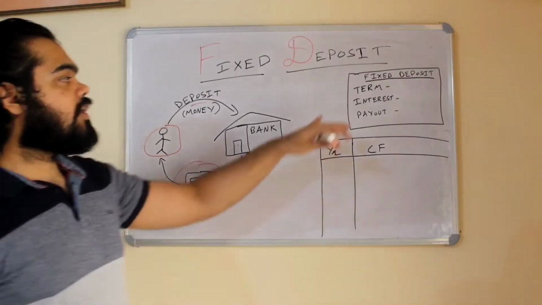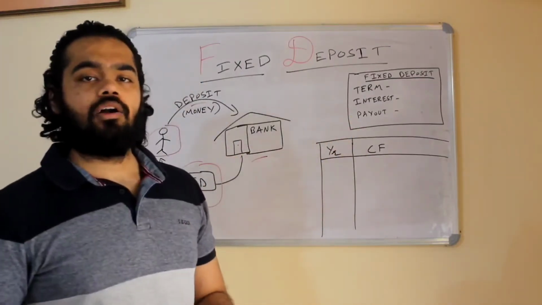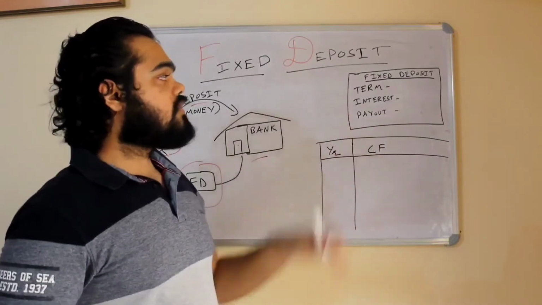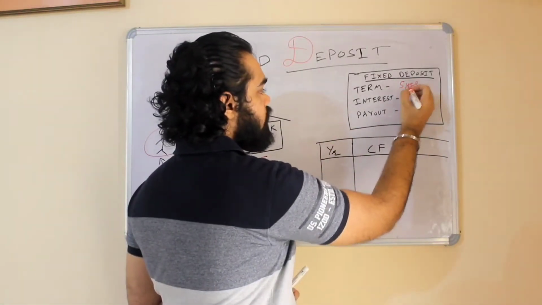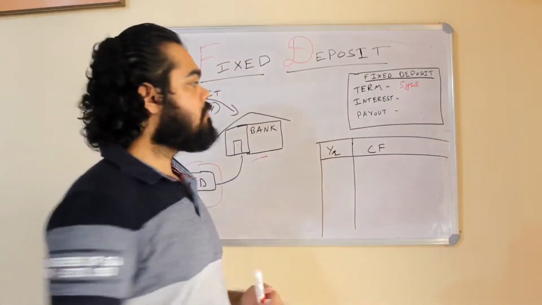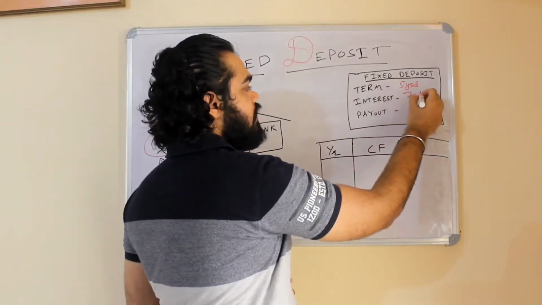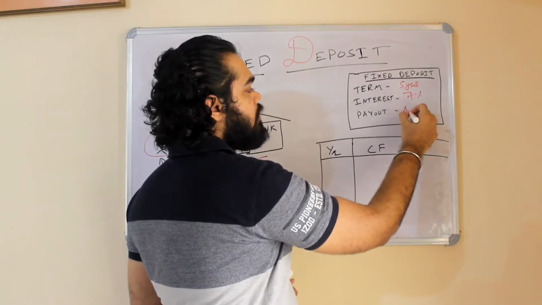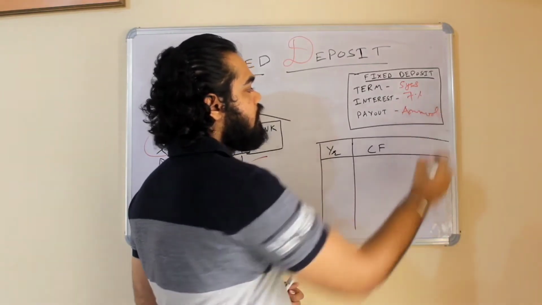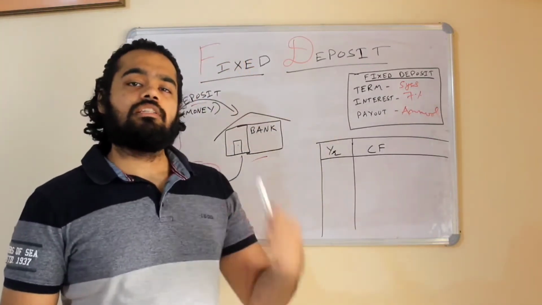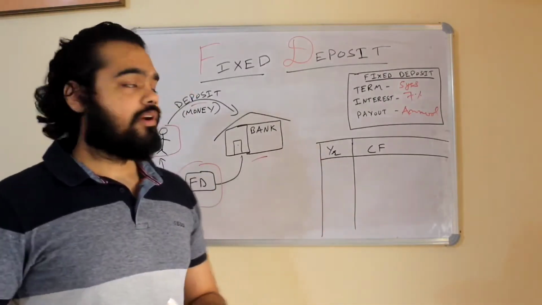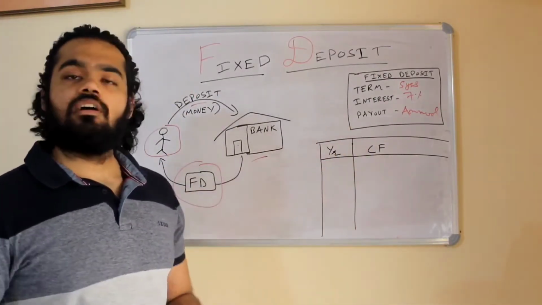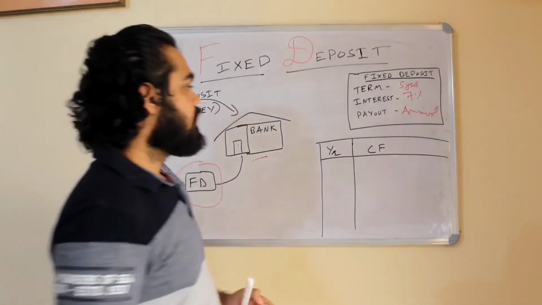So let's assume that we have a FD certificate issued by the bank over here. Let's assume that the term offered in the FD certificate is 5 years, and the interest offered by the bank is 7%. And let's assume the payout to be annual. Payout can be quarterly, semi-annually, and annually, and even a cumulative payout. So for this example, we'll consider that the payout is annually.